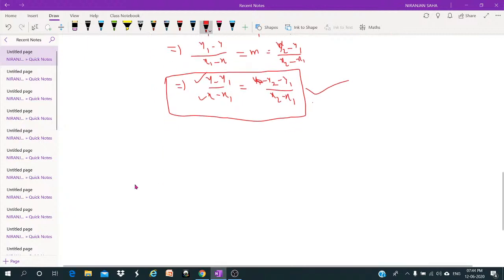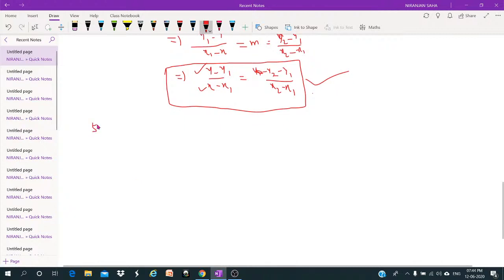Now the fifth, in lecture 2, is the normal form, or the perpendicular form.